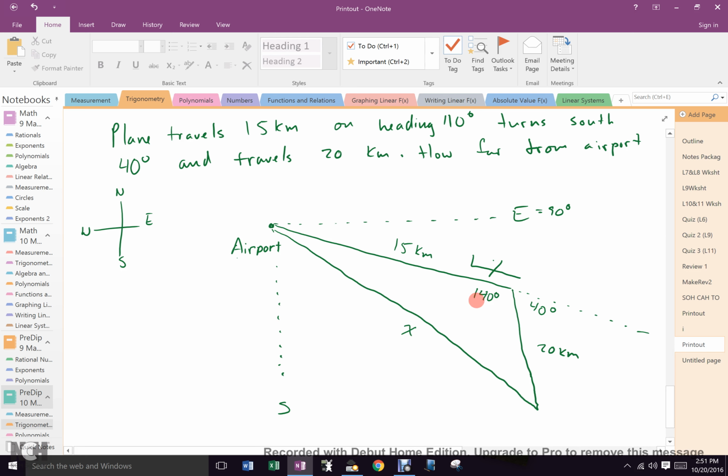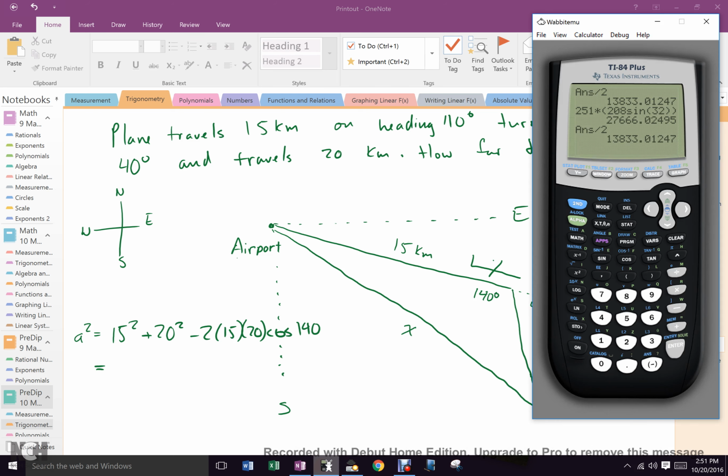No, I don't. So I got to use the cos law. So a squared equals 15 squared plus 20 squared minus 2 times 15 times 20 times cos 140. And then, of course, I got to square root that whole big answer. So we'll bust out the calculator.